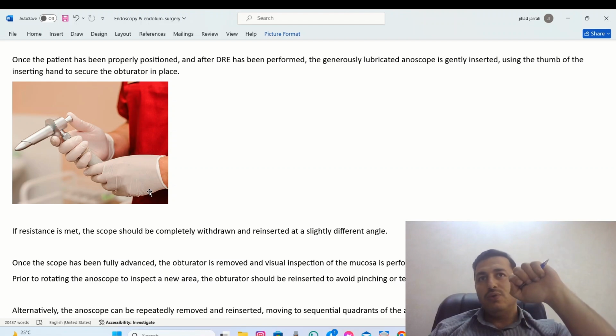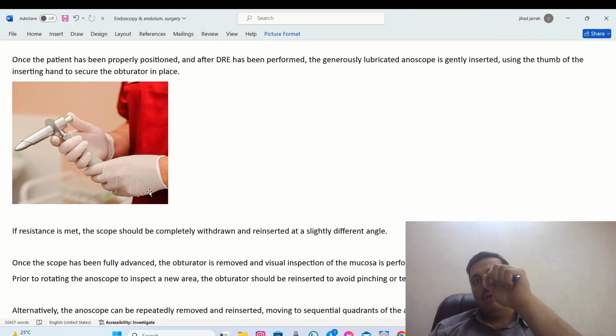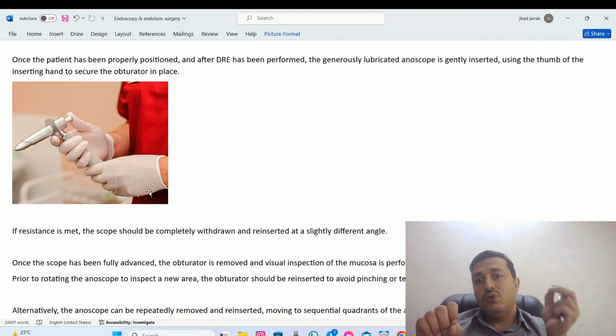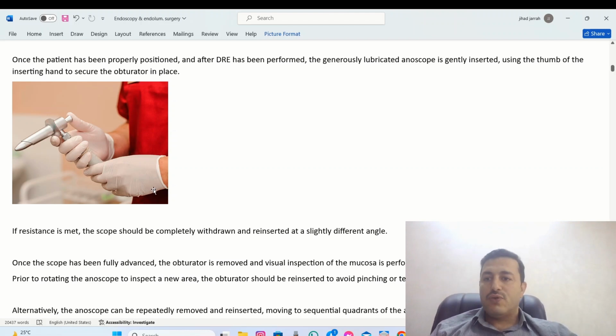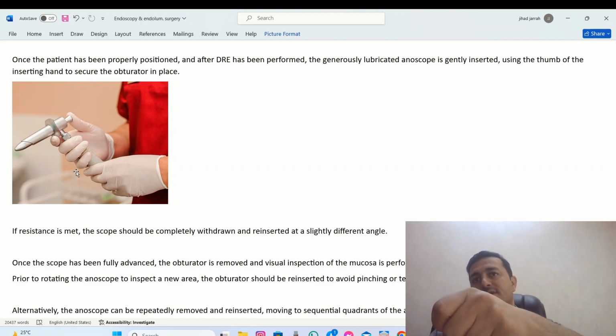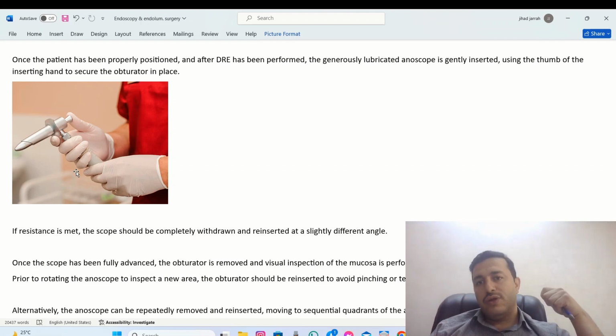But if you want to rotate or examine another quadrant, it's better to reintroduce the obturator because the edges of the anoscope may cause tearing of the mucosa. An alternative technique is to examine each quadrant separately by insertion, withdrawal, and reinsertion.